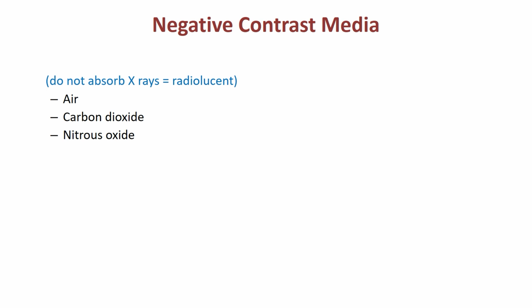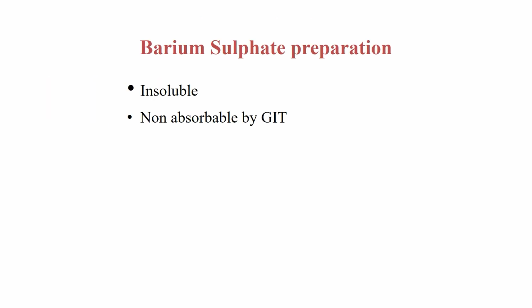The negative contrast media, as I already mentioned, are air, carbon dioxide and nitrous oxide. They do not absorb any X-rays; they are radiolucent. On the other hand, barium sulfate preparations are insoluble and non-absorbable by the GI tract. It means when given orally, it coats the linings of the gastrointestinal tract.